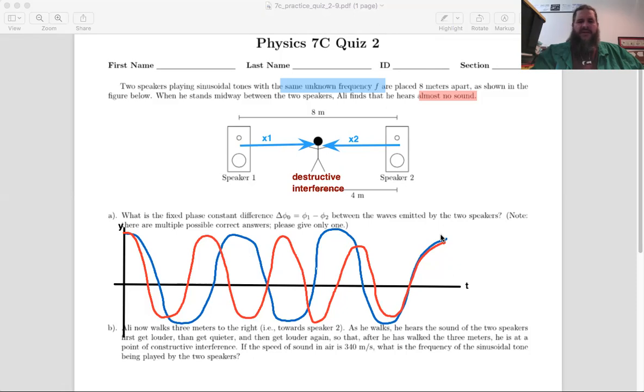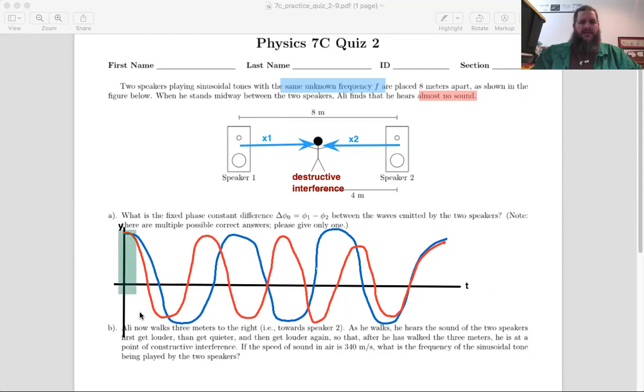But if we want to check the type of interference, we want to check, do we have crest and crest lining up, or crest and trough lining up? So in this graph, do you have crest and crest lining up, or do you have a crest and trough lining up? They line up around kind of like the beginning and the end.